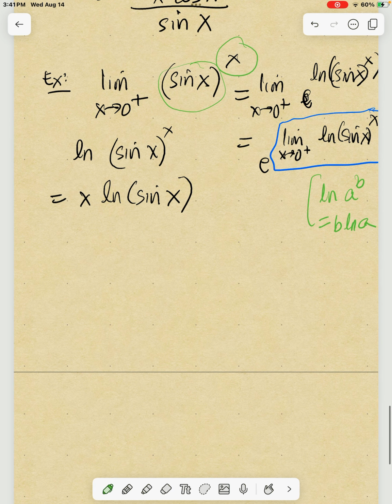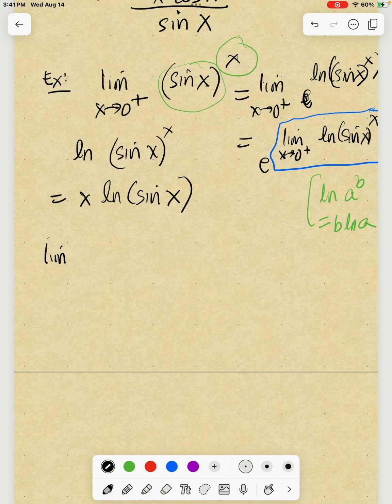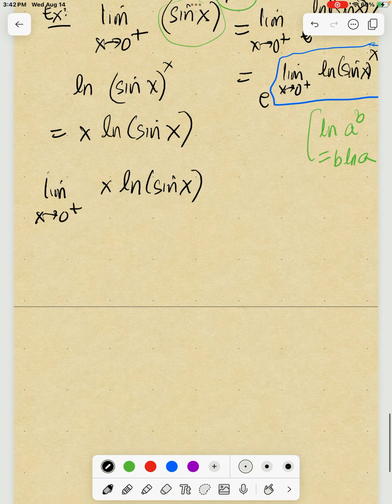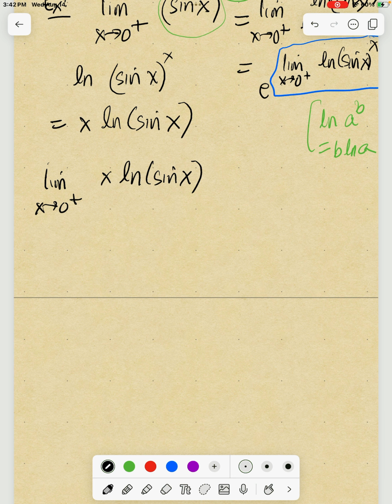So we need to figure out the limit as x goes to 0 from the right of this thing, x times the natural log of sine x. Now when I plug in x equals 0, I'm going to get 0 here. So I have this product, x times ln of sine x. If I plug in x equals 0, I get 0 here.